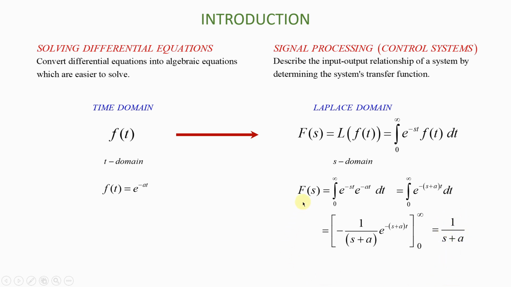And as you can see, this function is all a function of s. You don't see any t here. That is why we refer to this as the S domain, because every function you have is a function of S, okay? Very, very important.